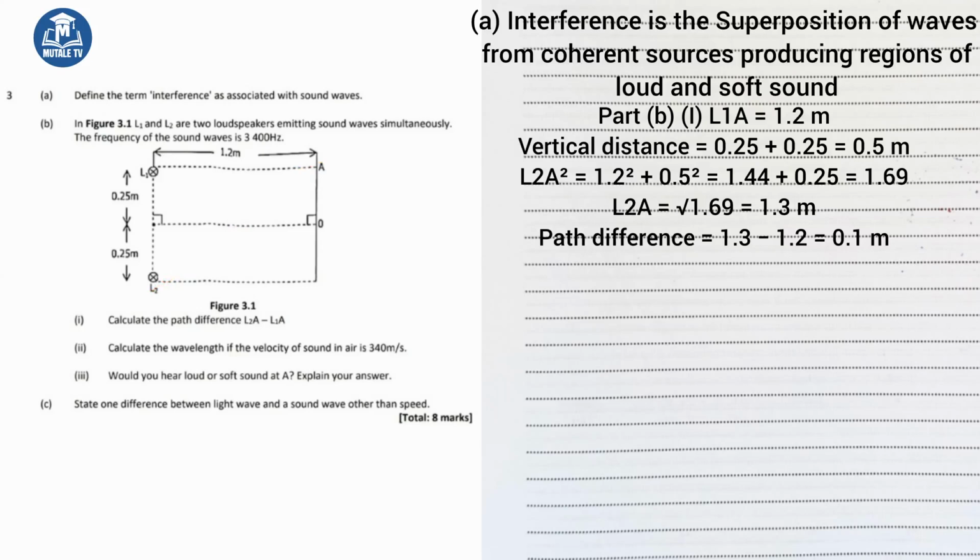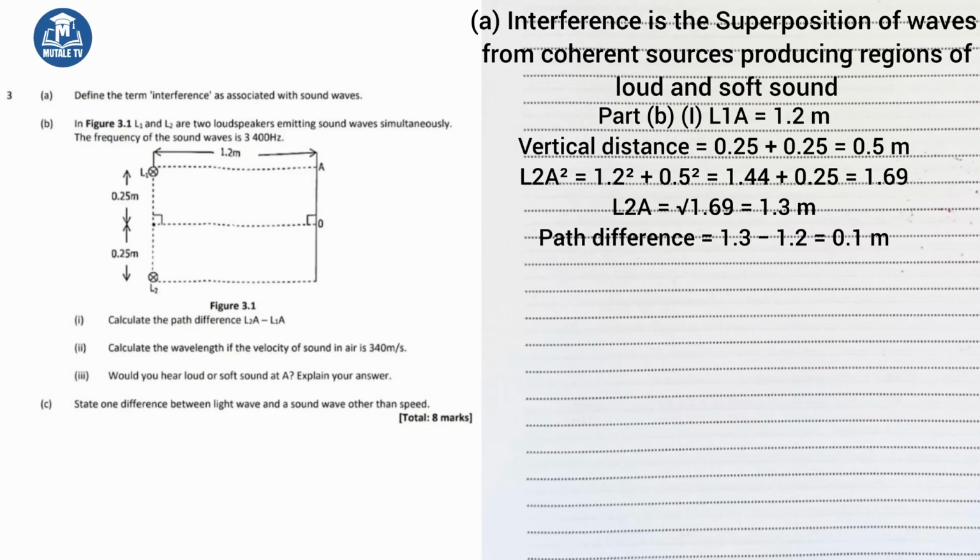Square root of 1.2² plus 0.5² equals square root of 1.69 equals 1.3 meters. So path difference equals 1.3 minus 1.2, which gives us 0.1 meters. The speakers are at different heights, that is the hidden triangle. Spot it and the calculation becomes straightforward.